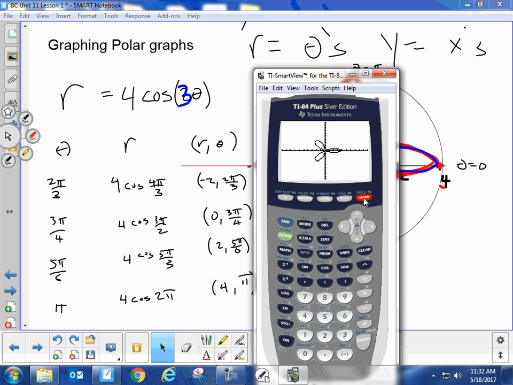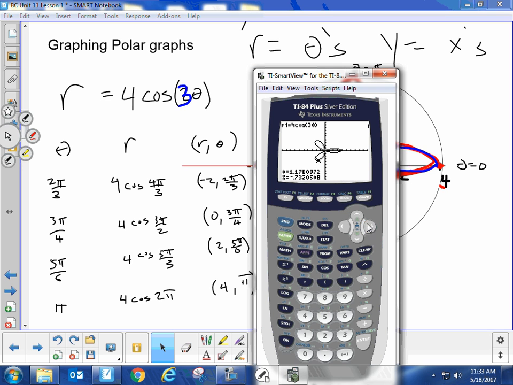What does that mean, that it went over it twice? The increasing angles yielded the same result. And it didn't go over it twice for cosine of 2 theta, right? It just went over it once. Well, why is that?